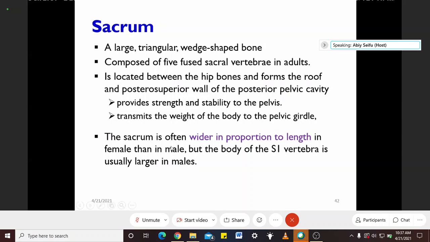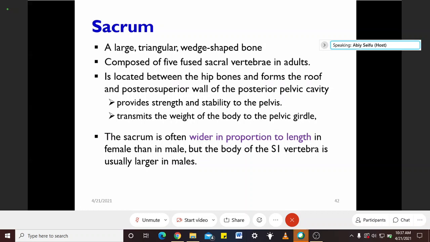In the sacrum, there is a minor difference between males and females. The sacrum is wider laterally in females, whereas in males it is somewhat narrower and longer, which reflects the pelvic cavities of the two sexes.